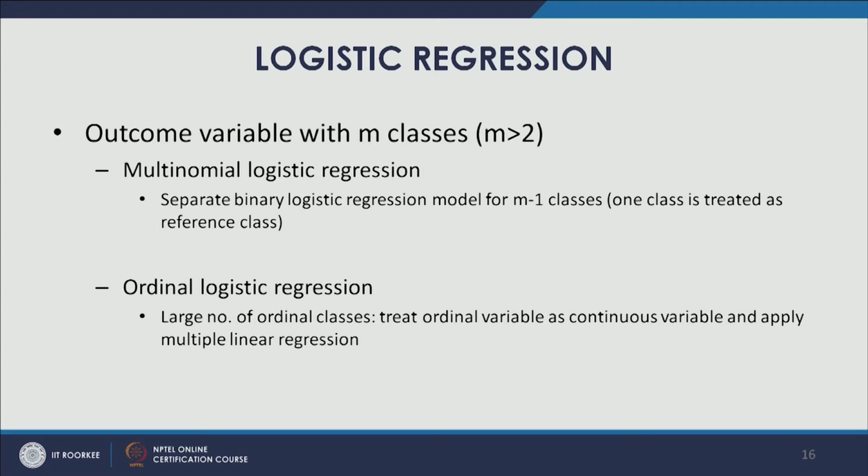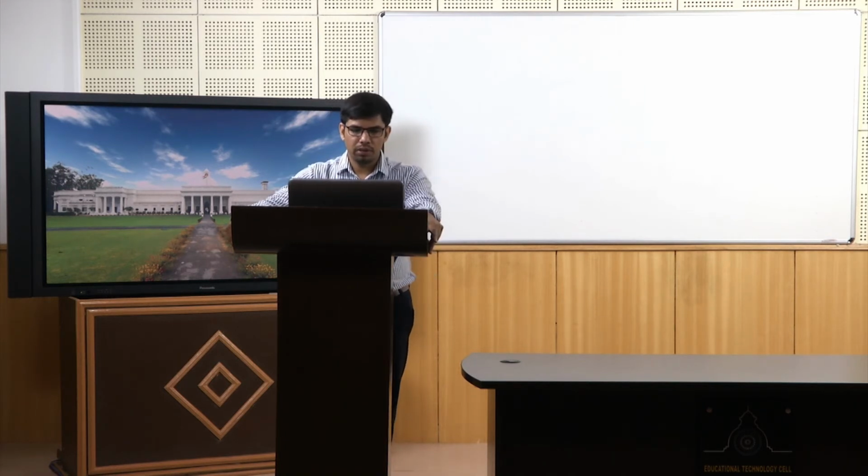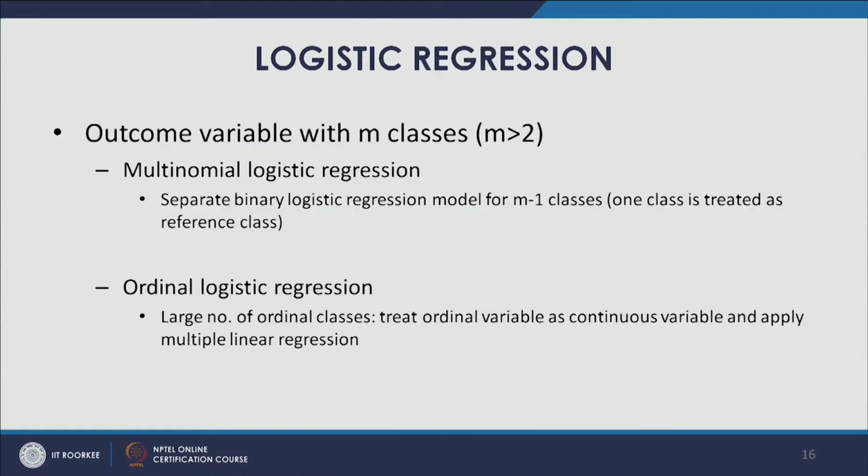Can logistic regression be extended to a scenario where we are dealing with more than two classes, where we are dealing with m classes? Yes, it is possible. So we will discuss some of those things. The first one is multinomial logistic regression. In multinomial logistic regression, the categories, the classes that we have, the categorical variable is nominal.